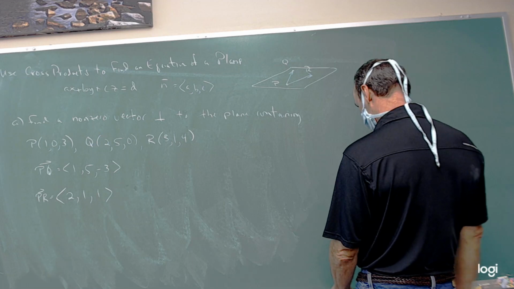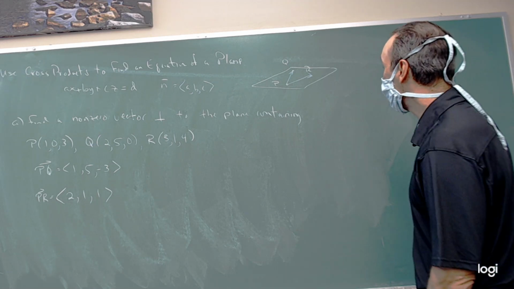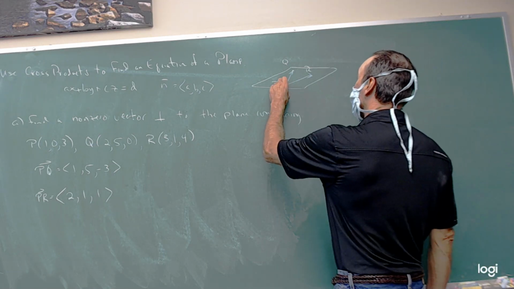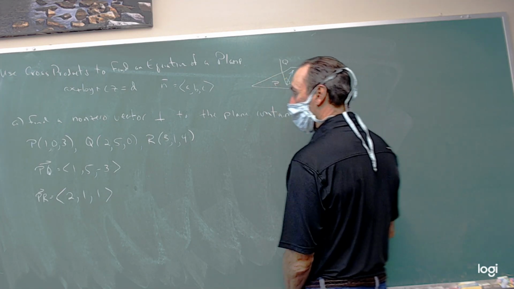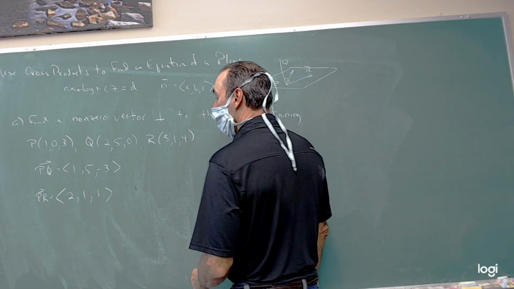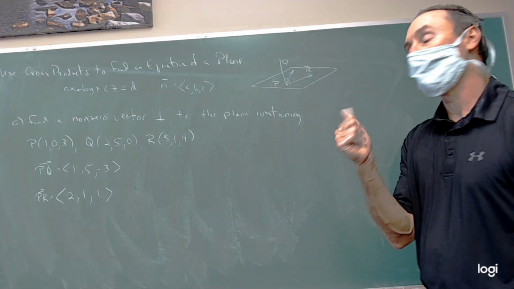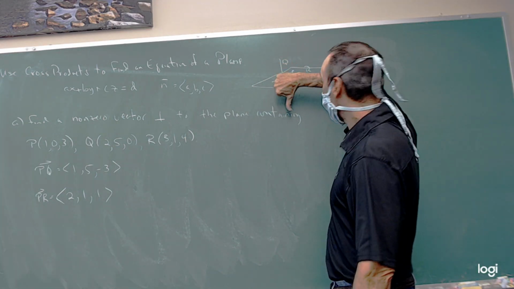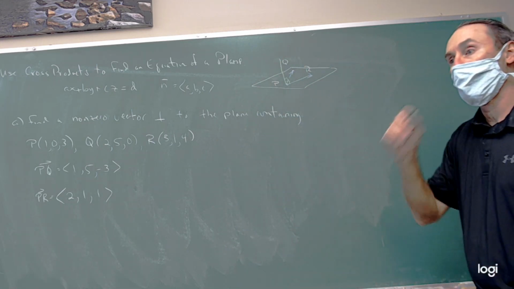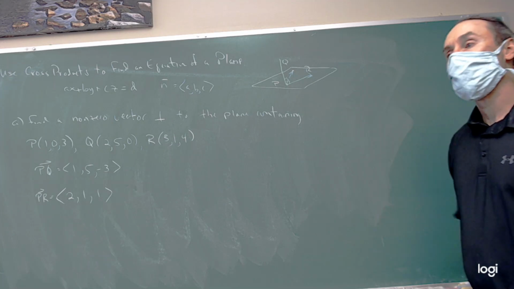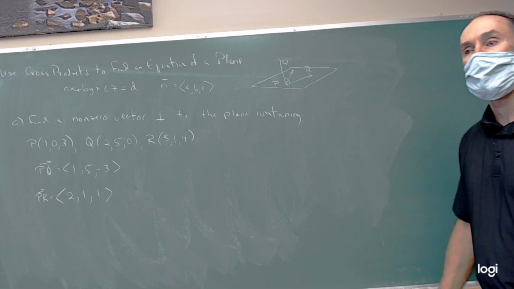So to find a vector perpendicular to PQ and PR, we're going to find the cross product. Does it matter which one we cross with? It doesn't, because remember, they're going to follow the right-hand rule. So one of them is going to point up and the other one's going to point down. But they're interchangeable. They're still both good normal vectors for the plane, which is what we need next, just to get the equation of the plane.